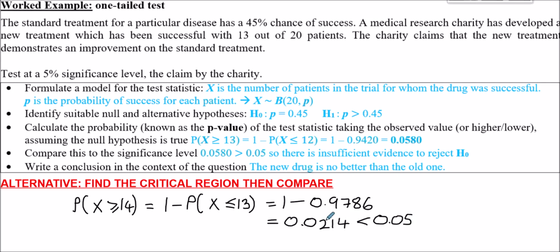So that tells us that our critical value is x being 14. So the critical region is between 14 and 20, where 20 is the maximum it could possibly be.